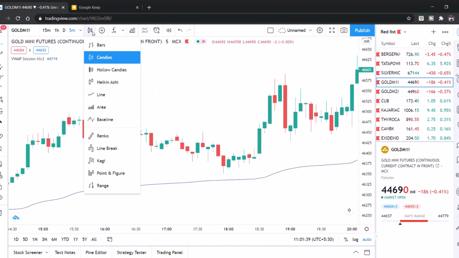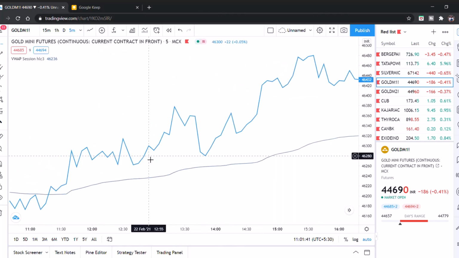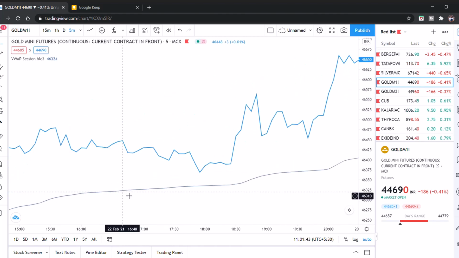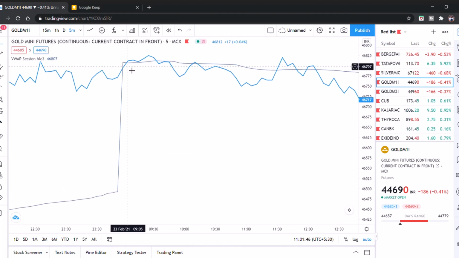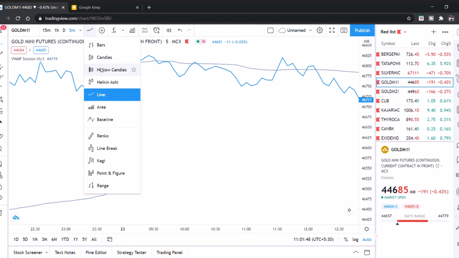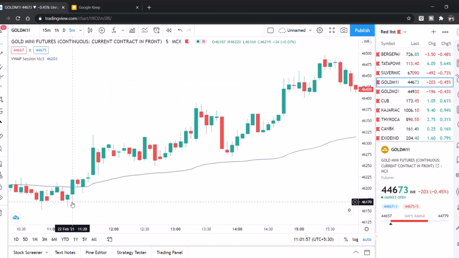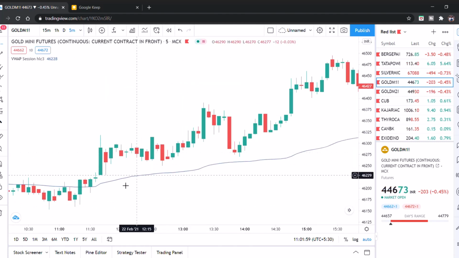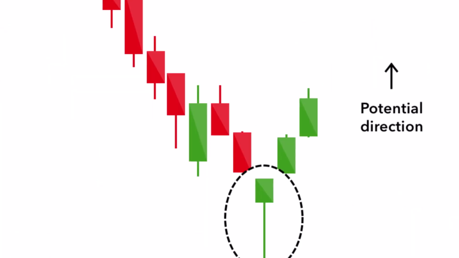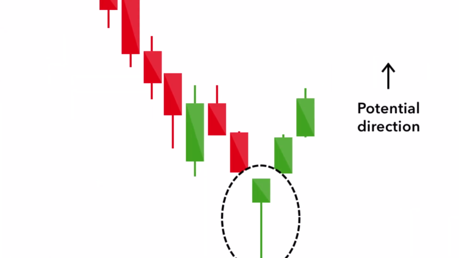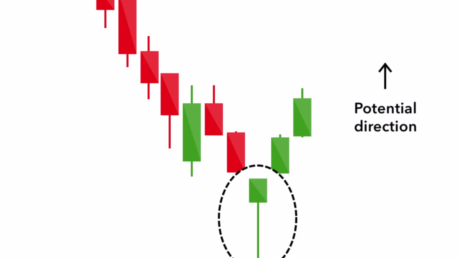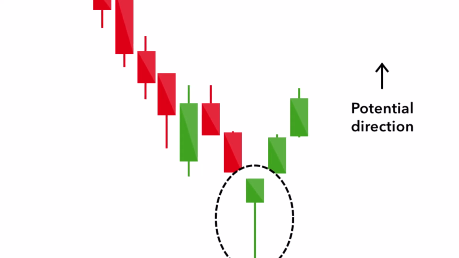Now we can use the line diagram as well instead of a candlestick, and we can take the same trade. But here's the advantage of a candlestick. These wicks help you determine the direction the price is heading. So if there are long wicks below a candle like this, that's an indication the price might go up.